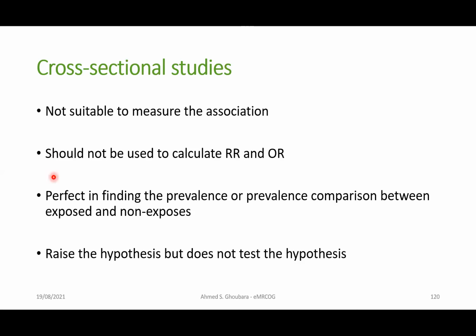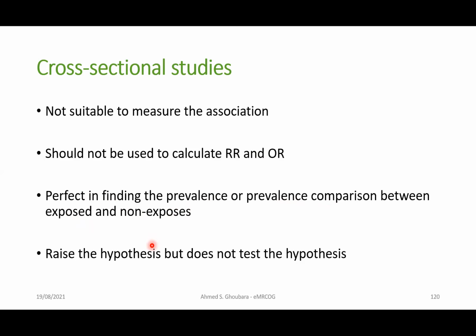That's clear, guys. So they're not suitable to measure the association. I mean, they're not suitable to calculate risk ratio and odds ratio and to draw some clinical value from your numbers, okay? They're perfect in finding the prevalence, or prevalence comparison between exposed and unexposed. So what's the prevalence of cancer among women with postmenopausal bleeding?